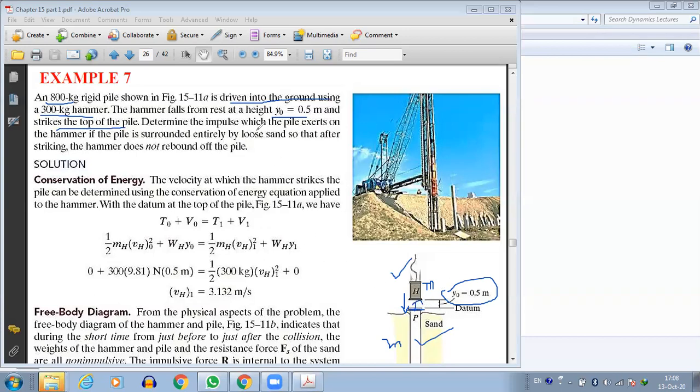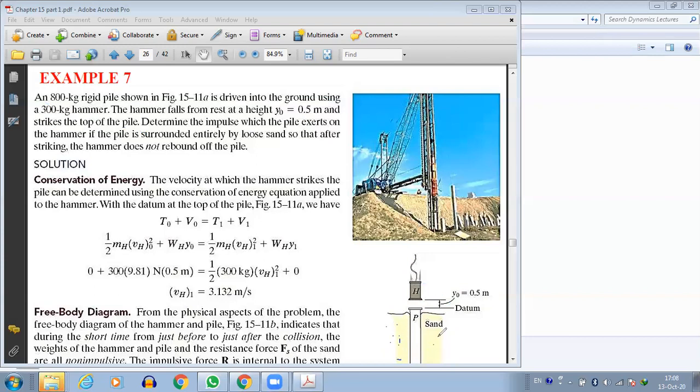Determine the impulse which the pile exerts on the hammer if the pile is surrounded entirely by loose sand, so that after striking, the hammer does not rebound off the pile. Now, this is an interesting statement. Please focus on it. The sand here is loose.